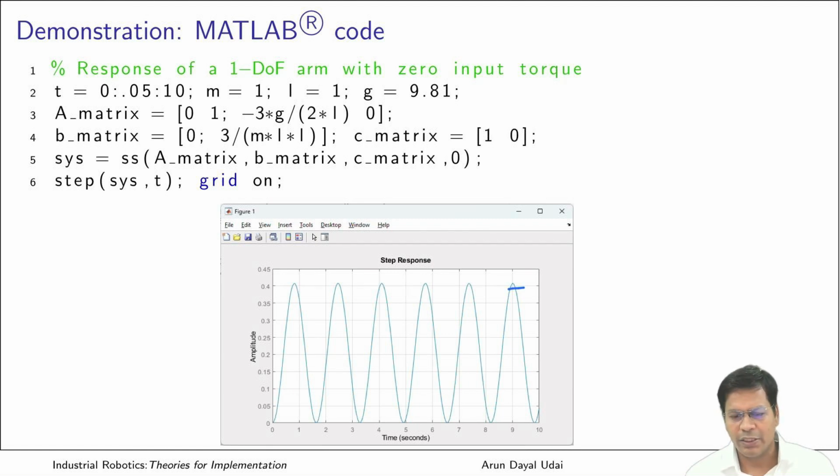For a small oscillation it behaves just like a pendulum. Got it? So this is your system, and this is what is expected, because you are not acted upon by any external force and there is no joint damping. That means it will keep oscillating forever. So that is what is shown here as a result also.